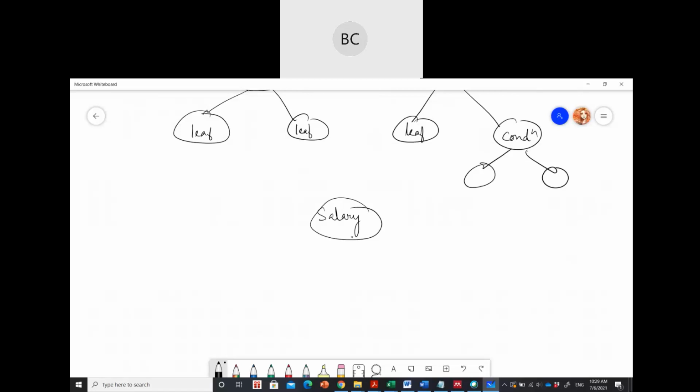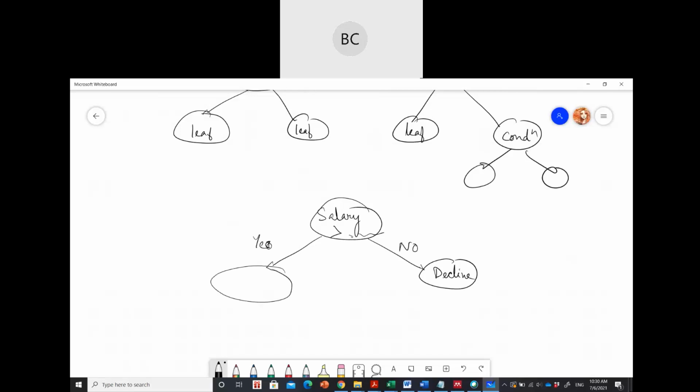So maybe you have certain expectation that salary should be greater than something. It's up to you. So if it is less than that, then you are going to decline the offer. And if it is more than the salary or equal to the salary you are expecting, you are going to accept the offer.